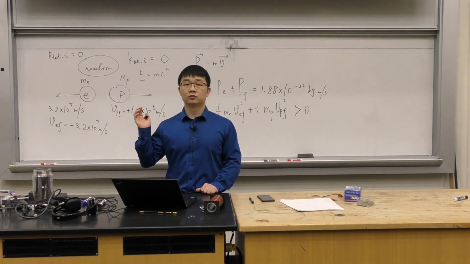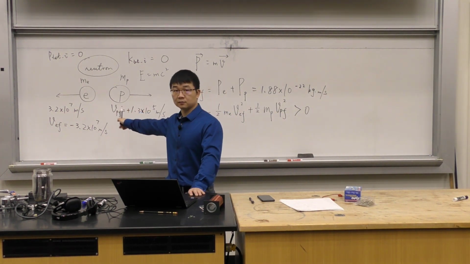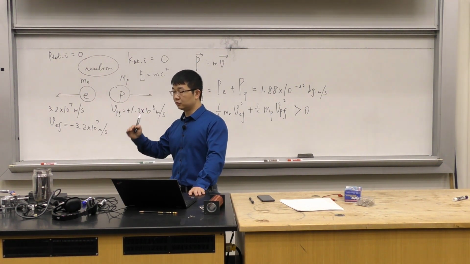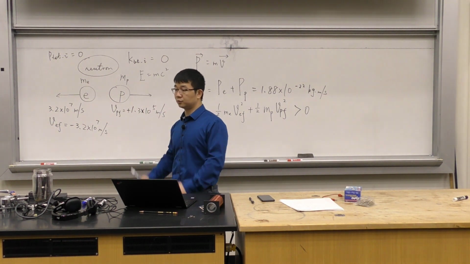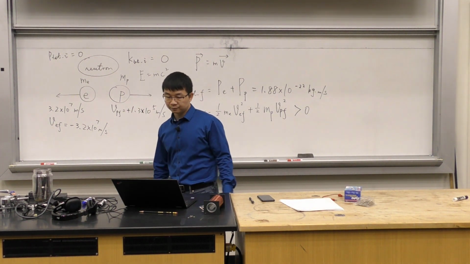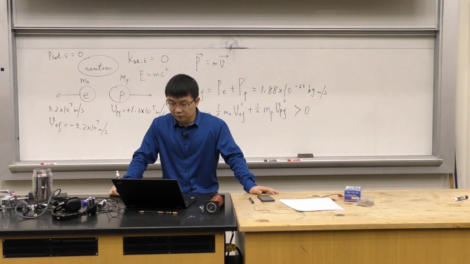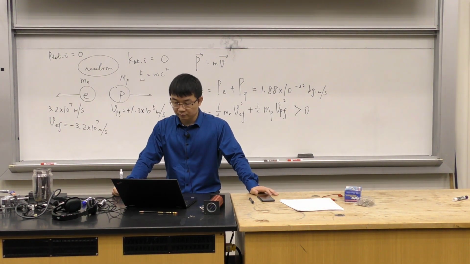Because when you do a physics experiment, you're dealing with these little guys, so you have to be super careful to take into account every detail, every particle produced in this experiment. So he proposed that there must be a third particle produced in this process, but we didn't detect that particle.